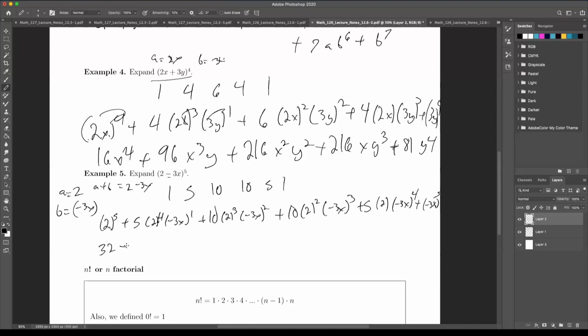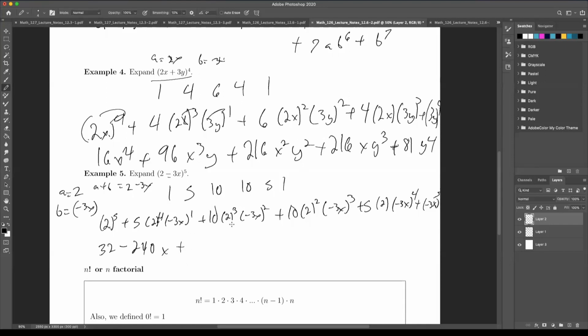2 to the fifth is 32, plus, hold on. Notice we'll have a minus to the first power, so negative 3 times 5 gives me negative 15 times 2 to the fourth, which is 16, so negative 240x.